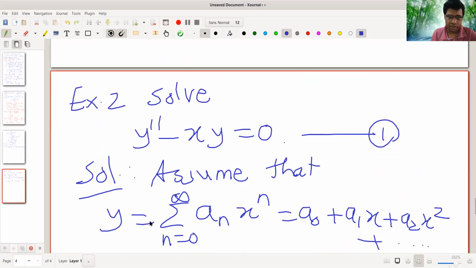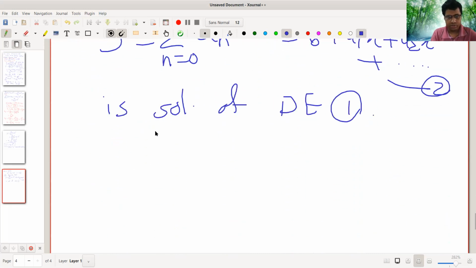In this equation we need the second derivative of y. So we find the first and second derivatives.